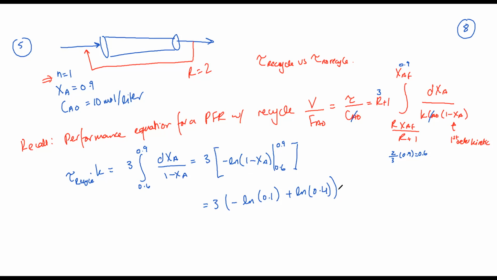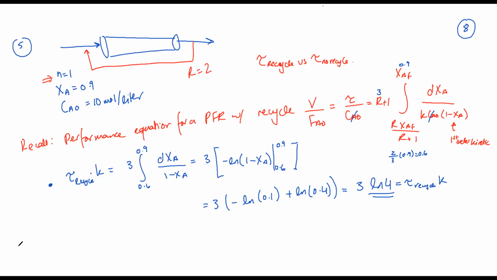So this is what I have. And this will be equal to basically 3, I'm going to combine these two lns. Okay, so this is tau recycle K.